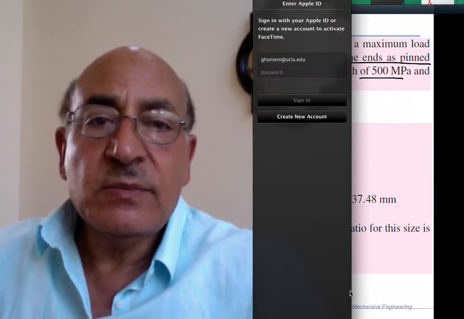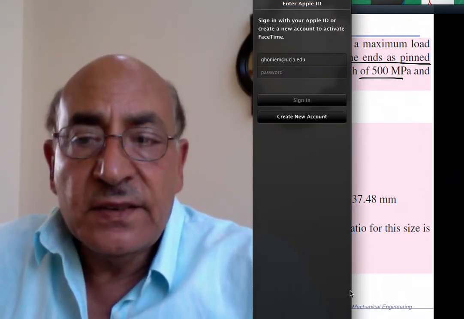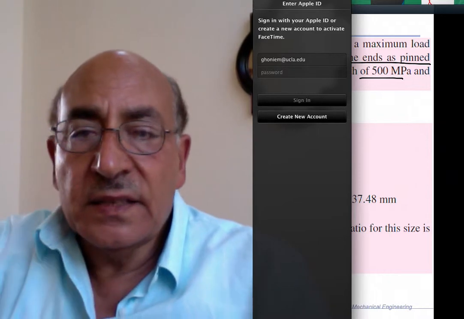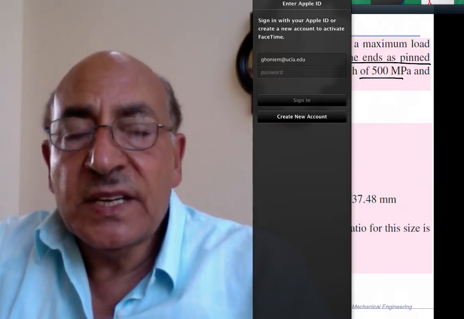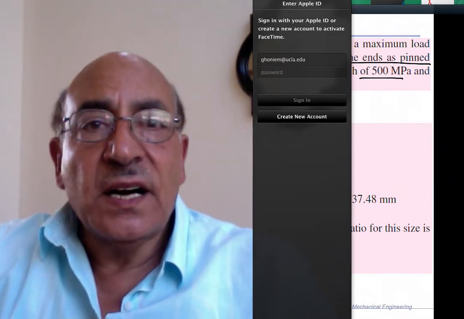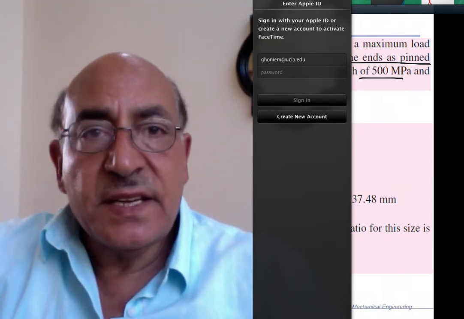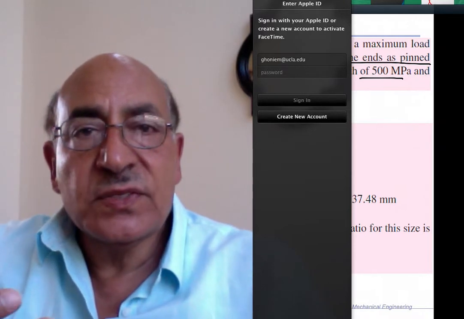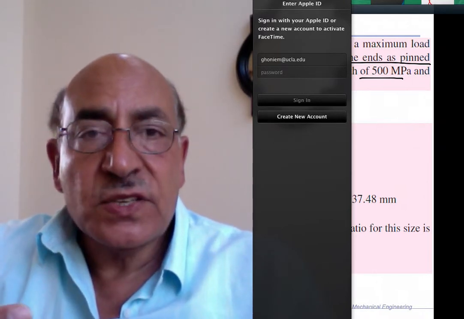So in this problem, we are given the load, and then we're given a factor of safety. When we're given a factor of safety, one easy approach is to increase the load to be on the conservative side.